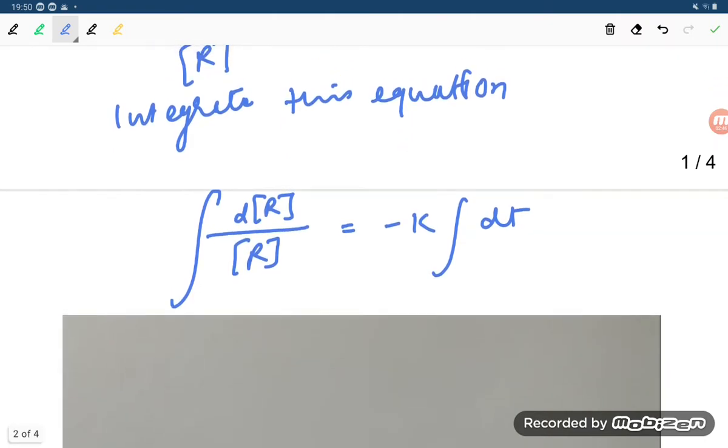After integrating the equation, the value will come: ln R in square brackets equal to minus k into t plus the integration constant I. This is equation number 1.